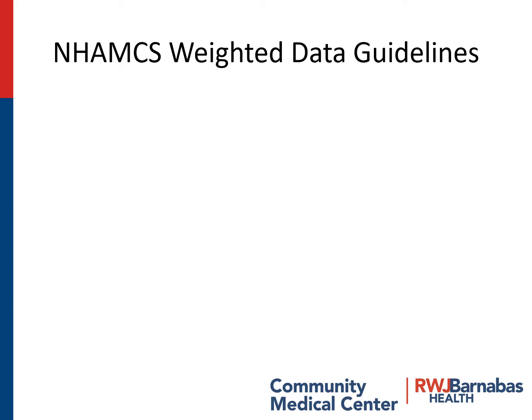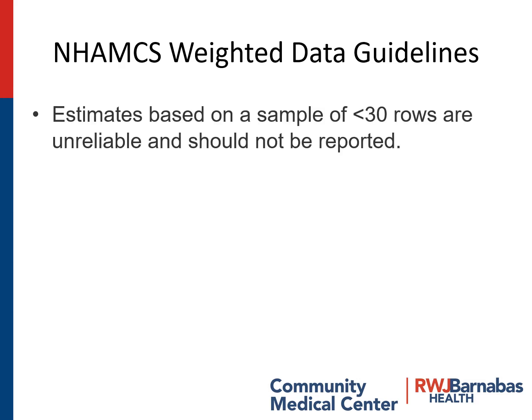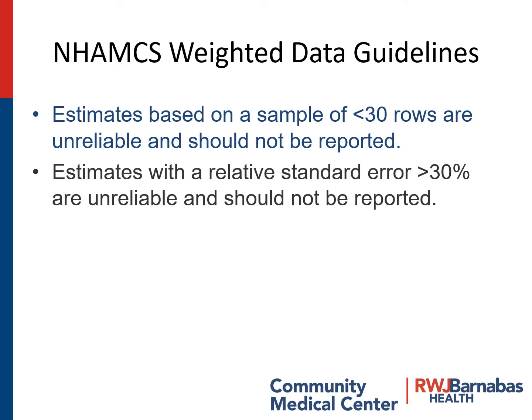So NAMCS has weighted data guidelines. Estimates based on a sample of less than 30 rows are unreliable and shouldn't be reported. Estimates with a relative standard error greater than 30% are unreliable and should not be reported. The relative standard error is basically if it's 30% of the reported average, then it's too high.